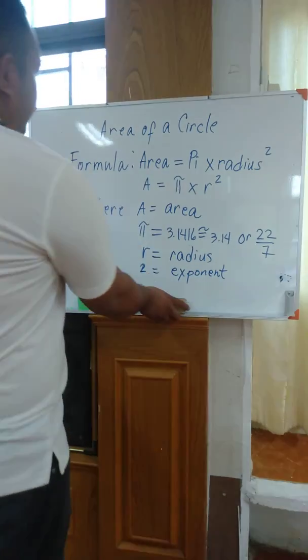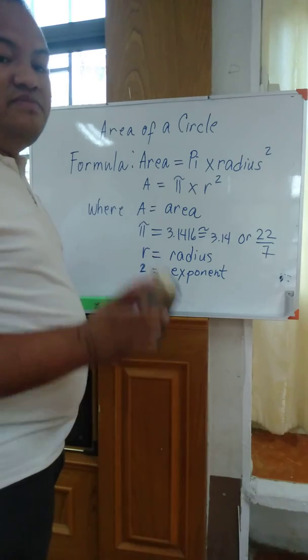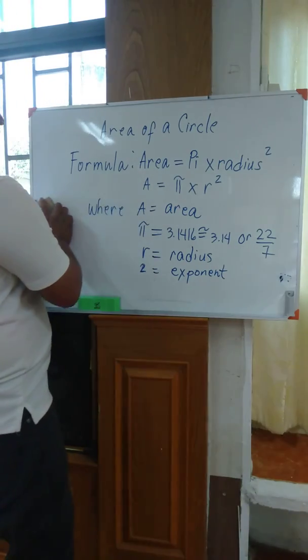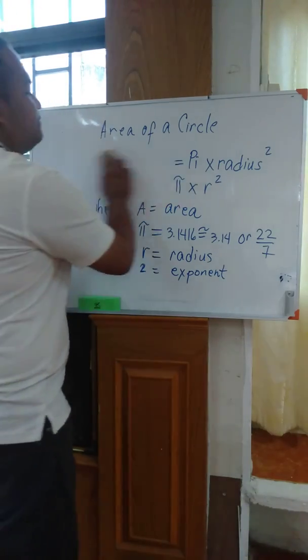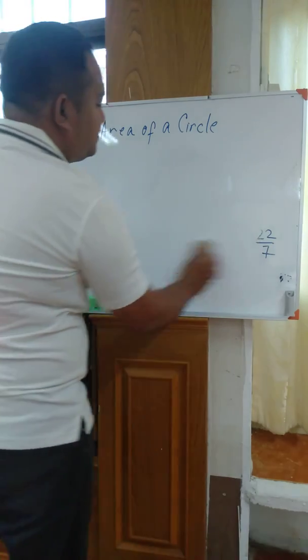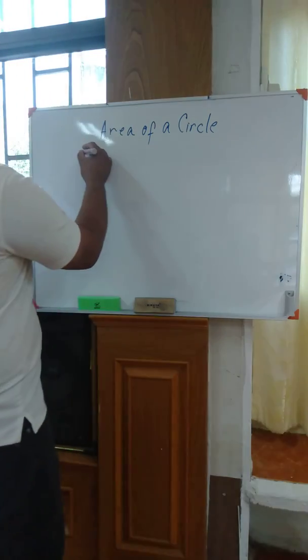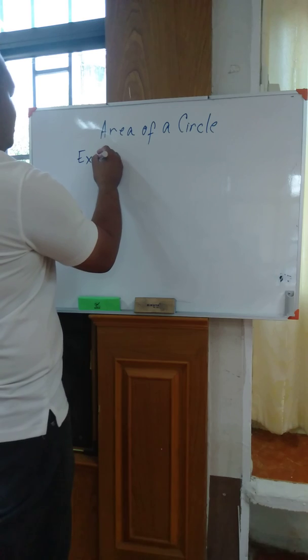Okay, now let's solve the area of a circle. Remember this formula? Okay, let's have the first example. Example 1.